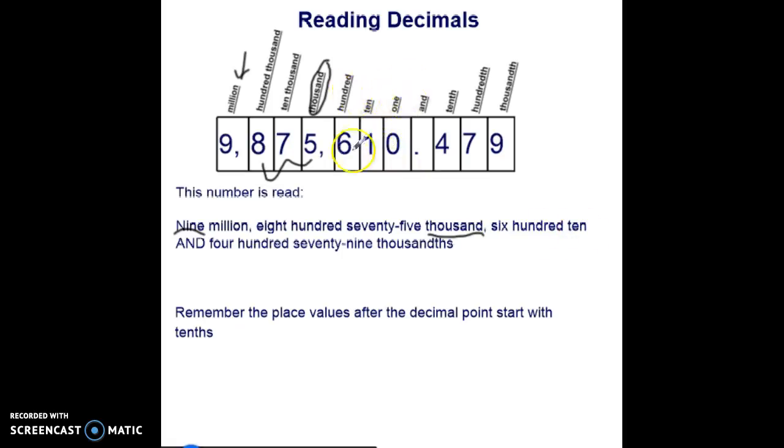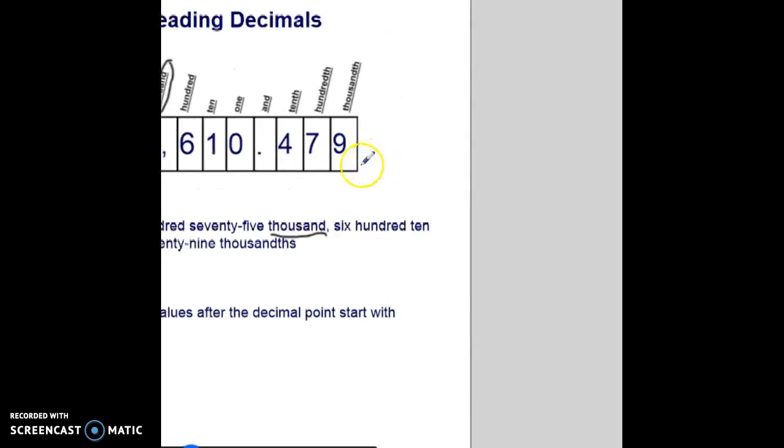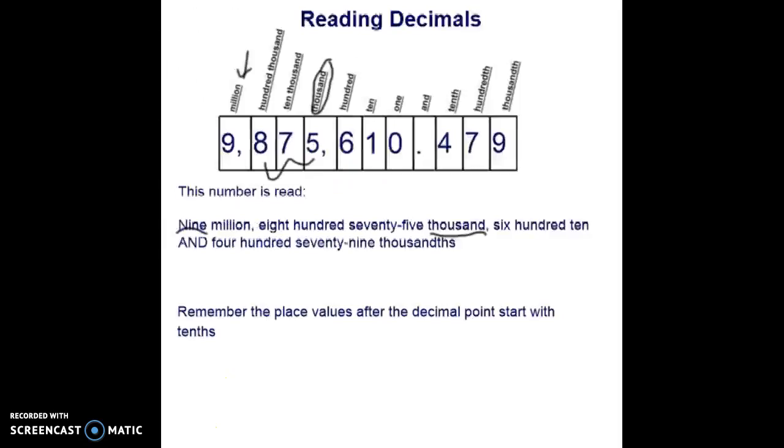610. Got our 610 because we ended in tens and we never say 611 ones. We would just say 611. But this one is 610. And you notice the big "and" because we have a period. This represents our decimal point. 479 thousandths.